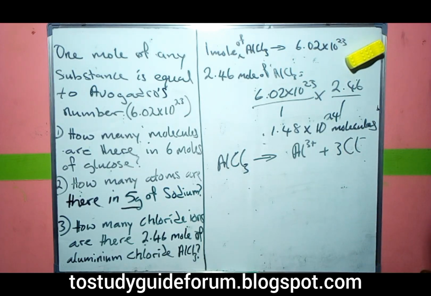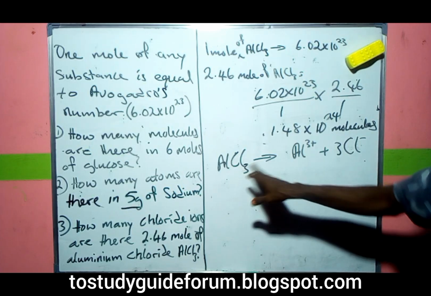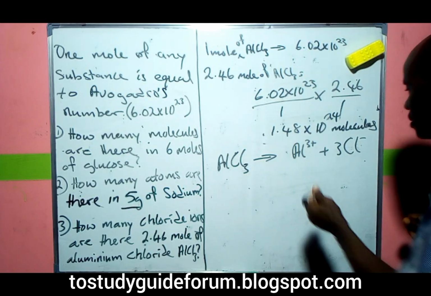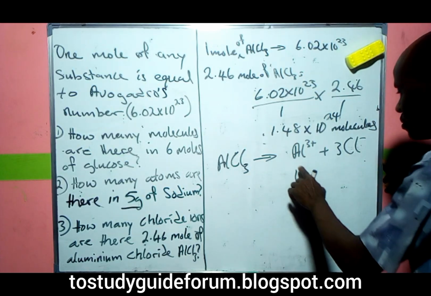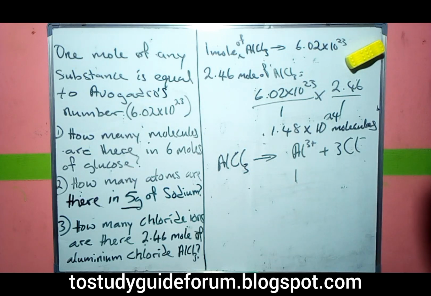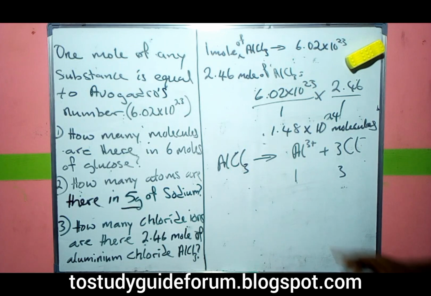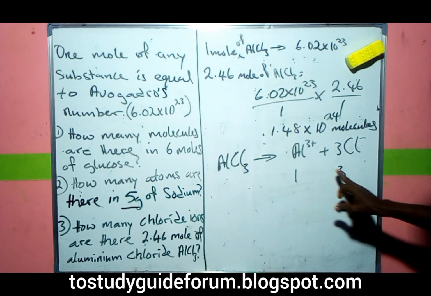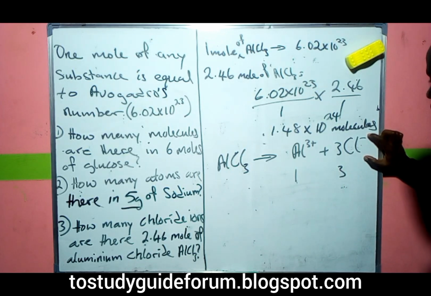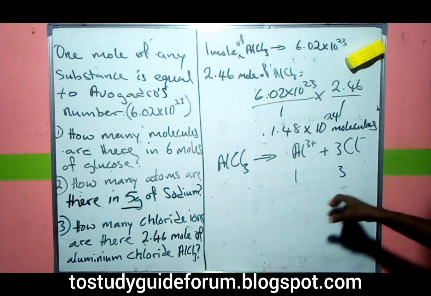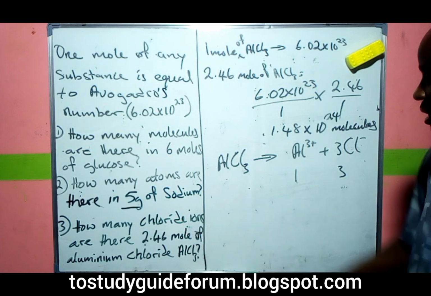In this aluminium chloride, we have 1 mole of aluminium ion, and 3 moles of chloride ion. So what we are looking for is the chloride ion that is contained in whatever we have.